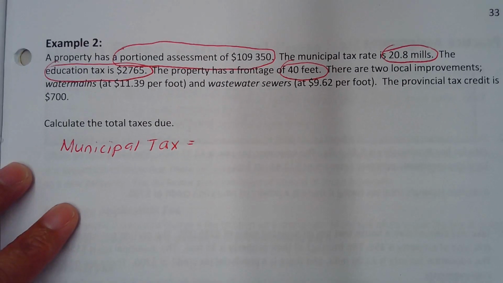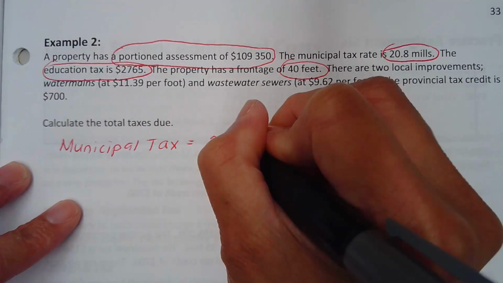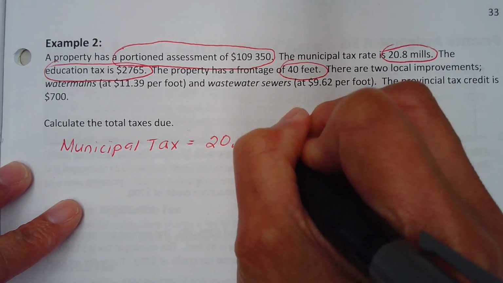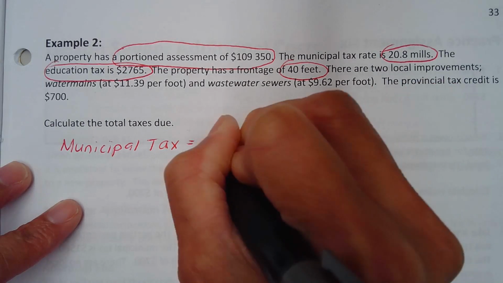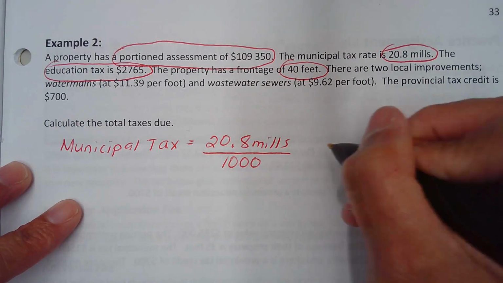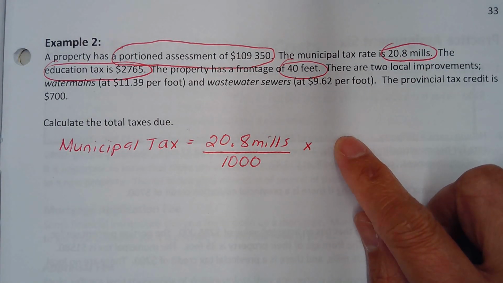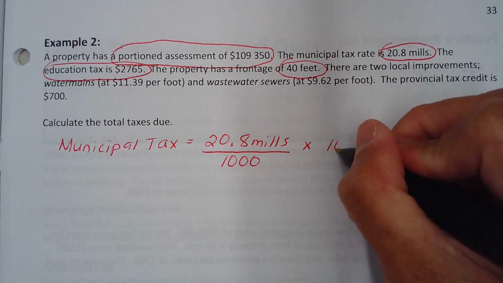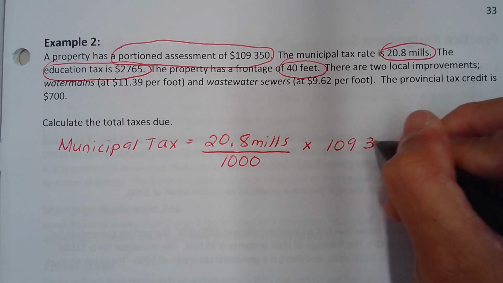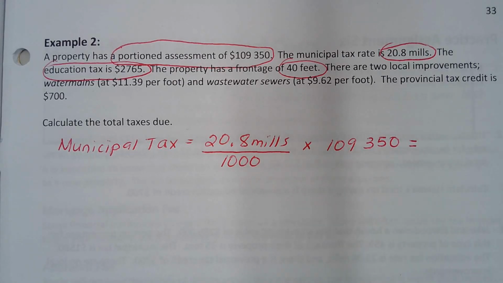Municipal tax. How do we calculate municipal tax? It's the mill rate of 20.8 mils divided by 1,000 times the portion assessment, which we already have. Okay, so let's do that.